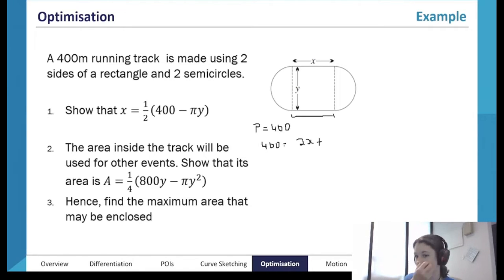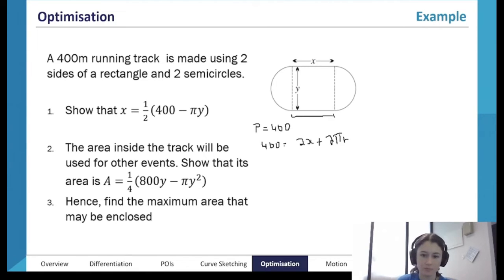Remember the circumference of a circle, given in your QCE formula sheet as well, is 2 pi r. So we can just write this as 2 pi r, because even though we have two semicircles, it's technically just the circumference of one big circle because there are two of them.